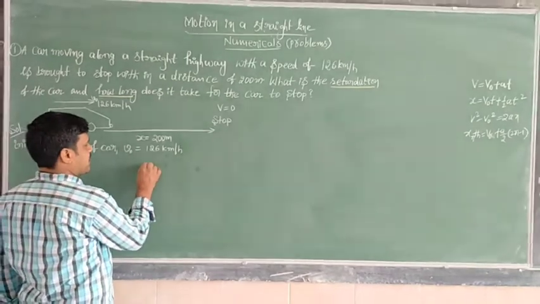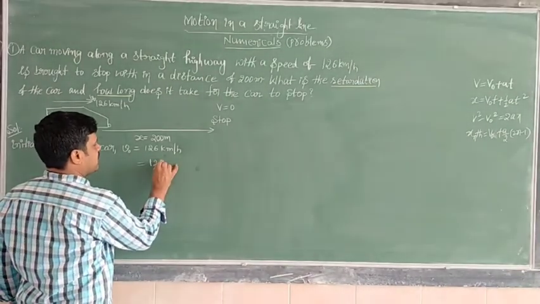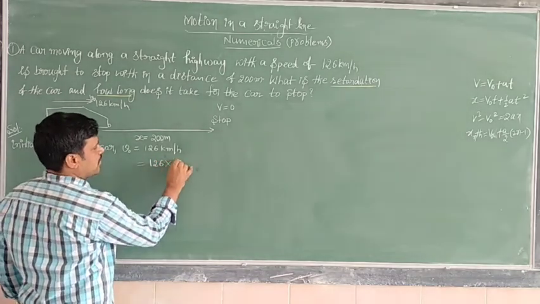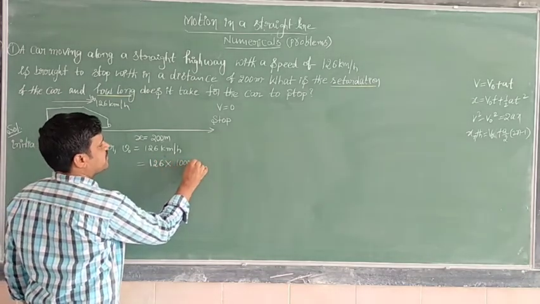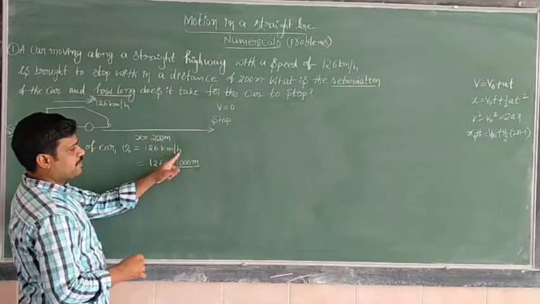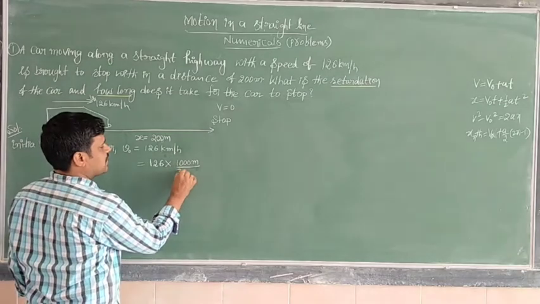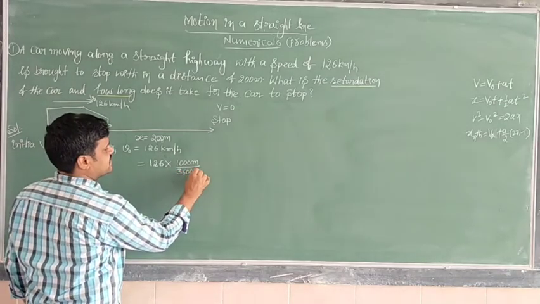So kilometer per hour you convert into meter per second. 1 kilometer equal to how many meters? 1000 meters, divided by 1 hour, which is equal to how many seconds? 3600 seconds.